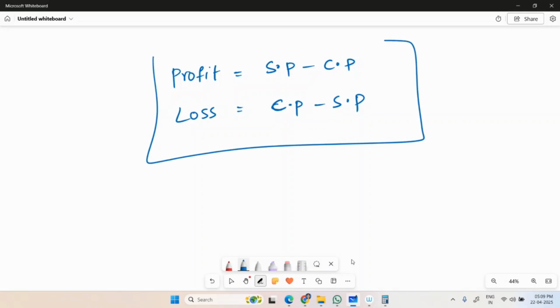Here, the two important formulas are profit equals selling price minus cost price, whereas loss equals cost price minus selling price.